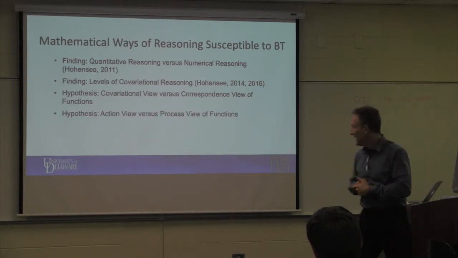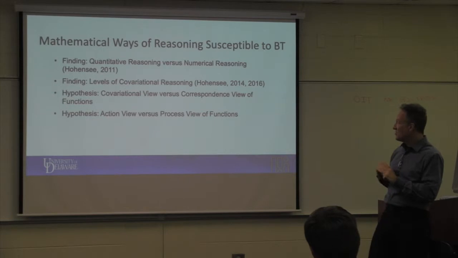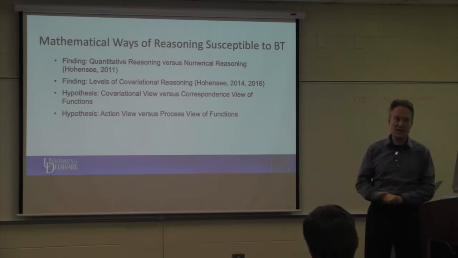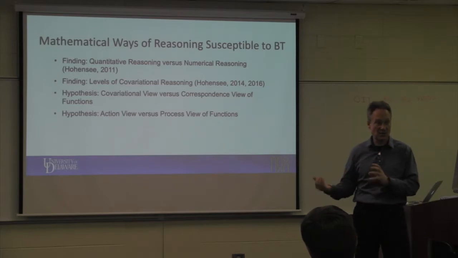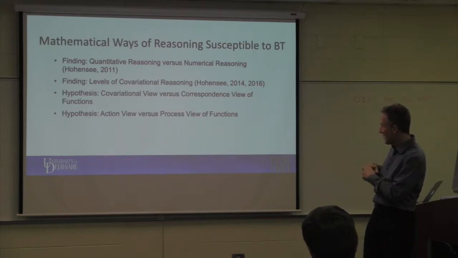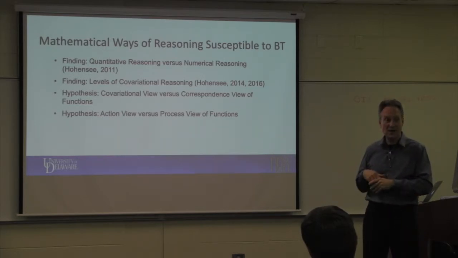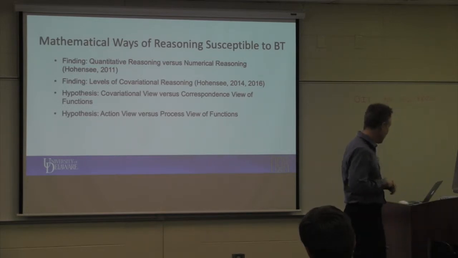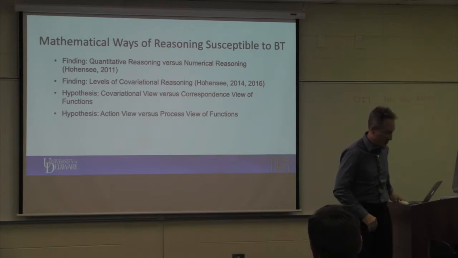And then finally, there's also a distinction between an action view and a process view of functions, and I think that distinction could be susceptible. And I will say more about that last one because I have some new findings to show a little later on. And I'll explain a little more about that distinction if you haven't heard about it before.